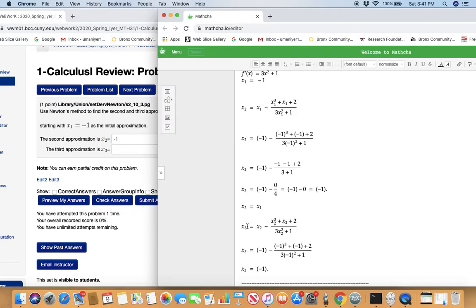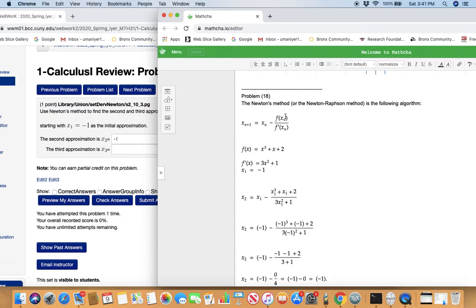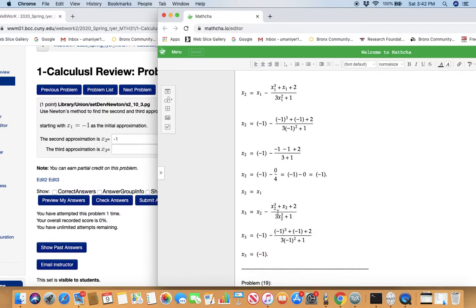What about x3? Well, the same formula applies. To find x3, you now place x2 in your formula: x2, x2, x2. Numerator is function, denominator is derivative, and here is the new x2, right? You plug in x2 and you get the same answer.